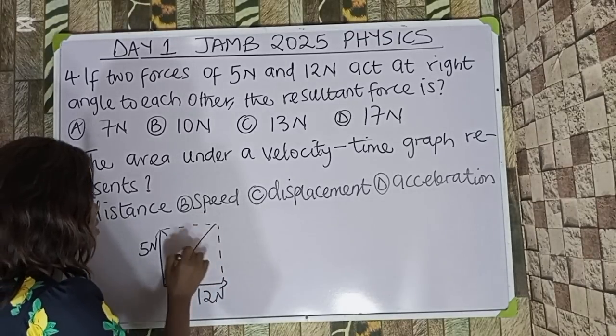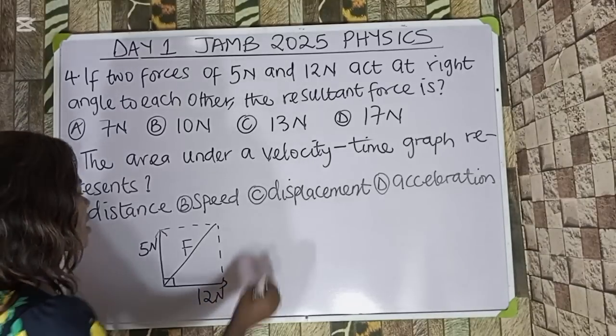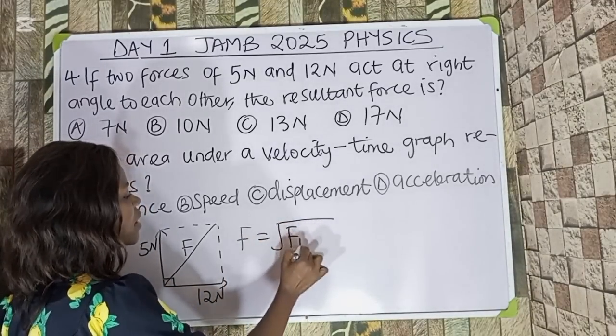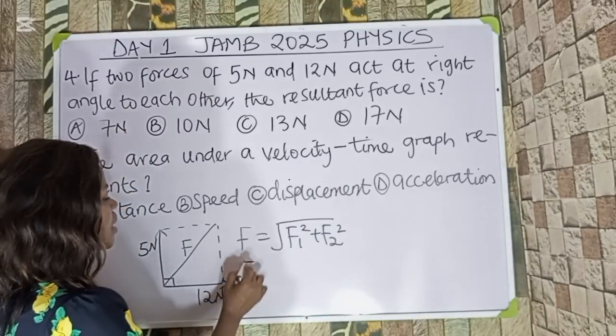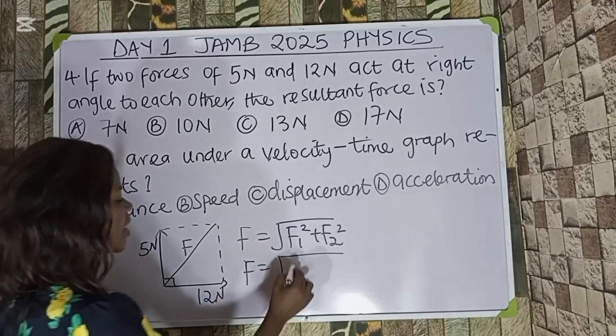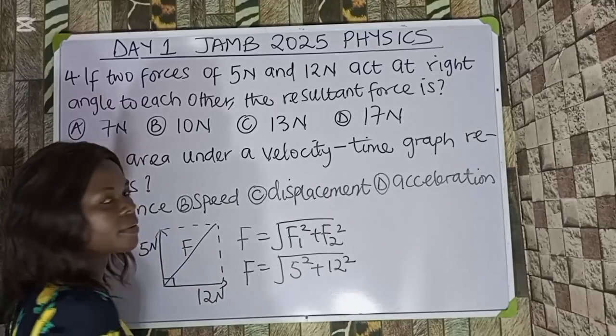We now cross it. This is my resultant force. So I'm going to use Pythagoras theorem, which says that F is equal to root of F1 square plus F2 square. Then F is equal to root of 5 square plus 12 square, right?